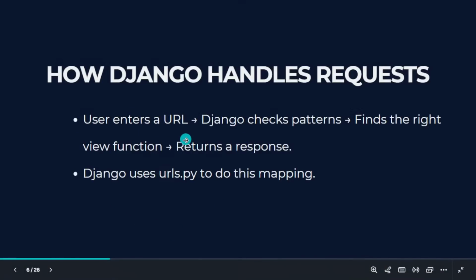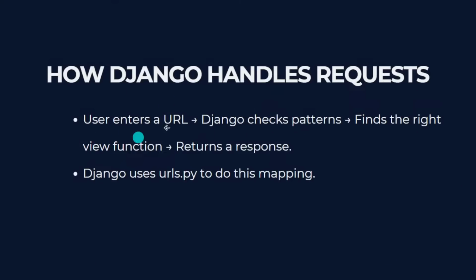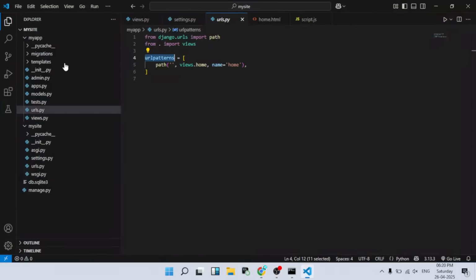The user enters the URL and Django checks the patterns. These are the patterns. After that it finds the right view. In the pattern we mention the view, and view means the view file. Here is the view file.